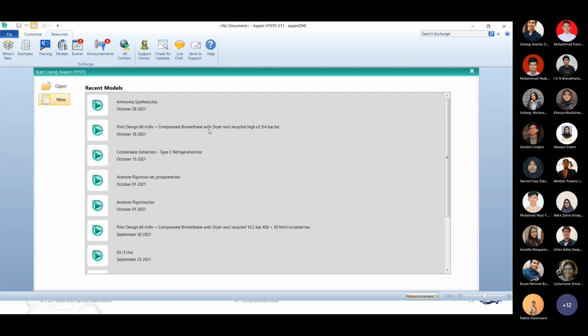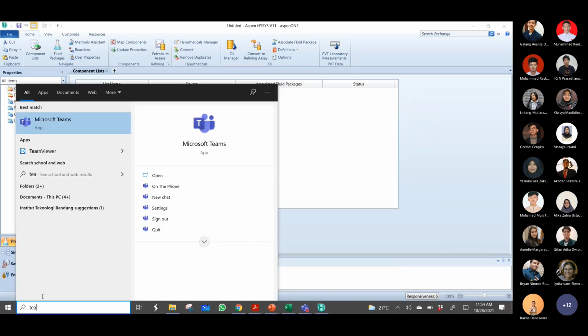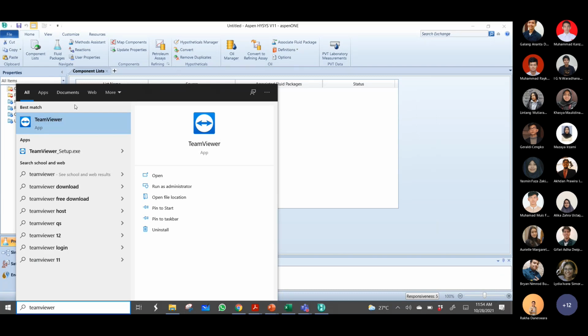I will give some instruction before the Tuesday session. If you want to use your own computer and you already have HYSYS on it, that's not a problem. But for those of you who haven't installed HYSYS, I can arrange to book a PC on campus for Tuesday. One thing, you have to install TeamViewer. Google it, TeamViewer, and install it on your PC.